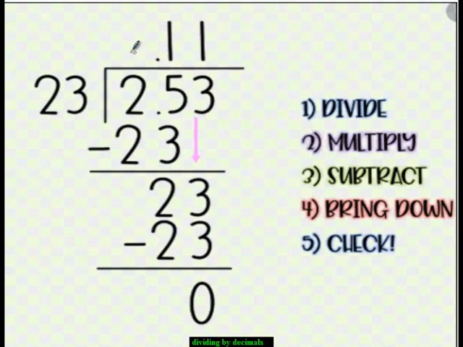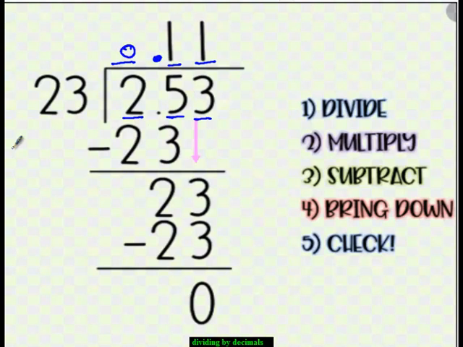Here I have to put the decimal place. How many places? 1 and decimal, 2, 3. So here 1 decimal, don't forget it, 2, 3, and then 2 divided by 23. It can't be, so I'm going to put 0. And here 25 divided by 23.